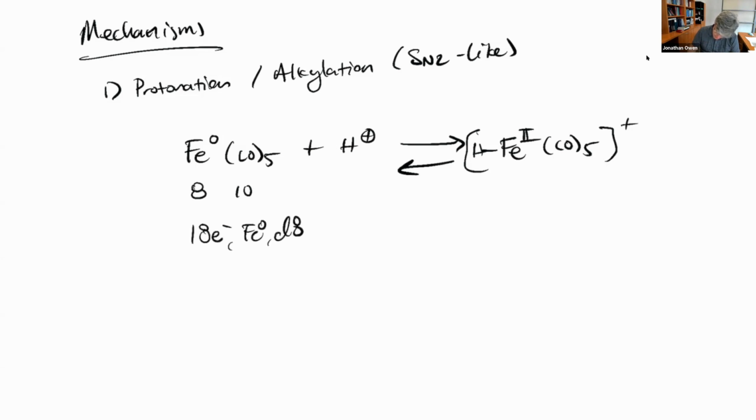And on the right here, we have added no electrons to the valence shell. So this is still 18 electrons. Now it's iron 2, d6. And that's because 2 of those electrons ended up in the iron hydride bond, and we say metal plus, ligand minus. We're going to do this one again in a few minutes, but I'll just leave it like that for now.